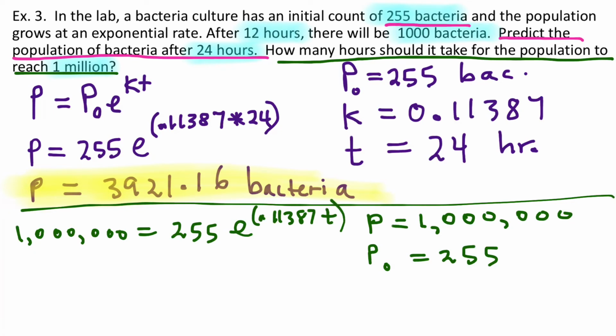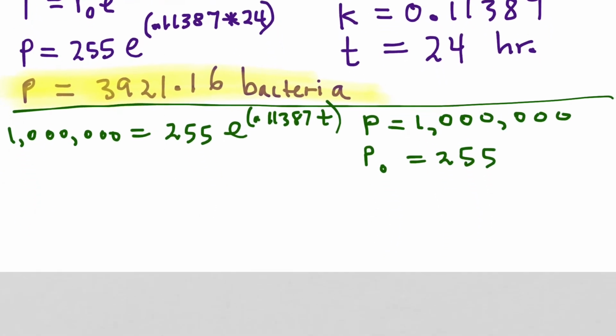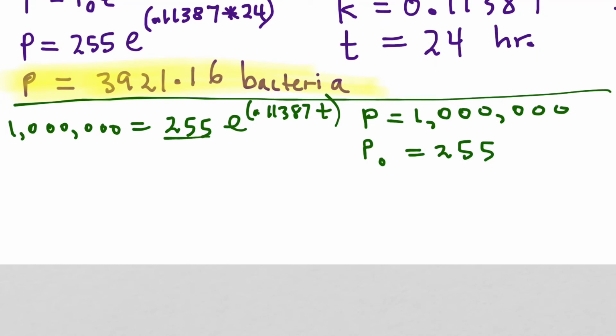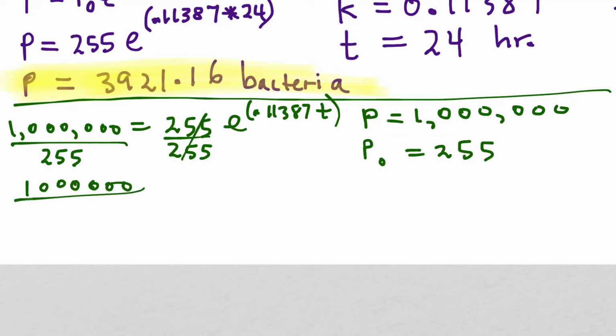All right. So t is in the exponent there, so we're going to have to use natural logs to get that t. So we're going to divide by 255 on both sides. All right, so we'll have 1 million divided by 255 is equal to e to the 0.11387 t.